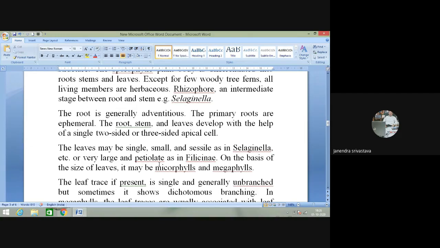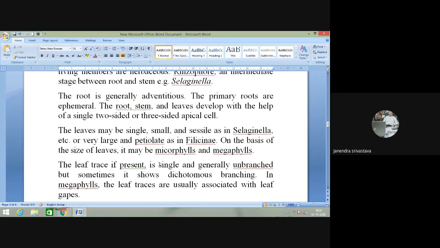The leaf traces, if present, are single and generally unbranched, but sometimes show dichotomous branching. In megaphyllous leaves, the leaf traces are usually associated with leaf gaps.